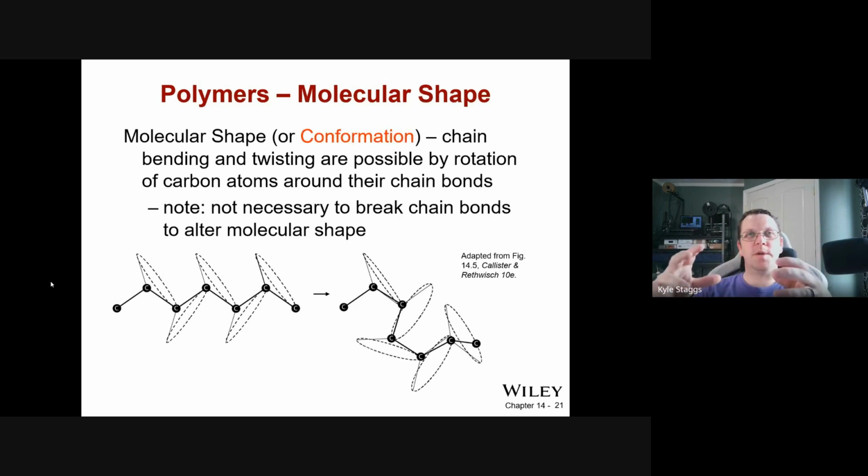Once you start disrupting those with other R groups, with double bonds, with other things, you lose some of those constraints, or you pick up some constraints, you lose some of that freedom, some of the degrees of freedom for the molecules themselves. And it becomes very hard to break apart those molecules.